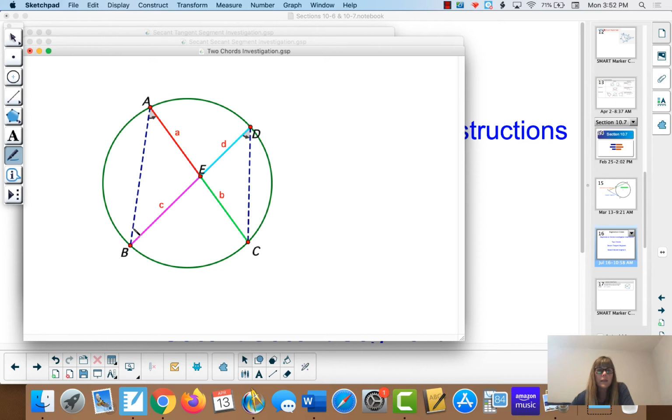Same with angle B and C. And then the vertical angles are also congruent. So we can say that triangle AEB is similar to triangle DEC.